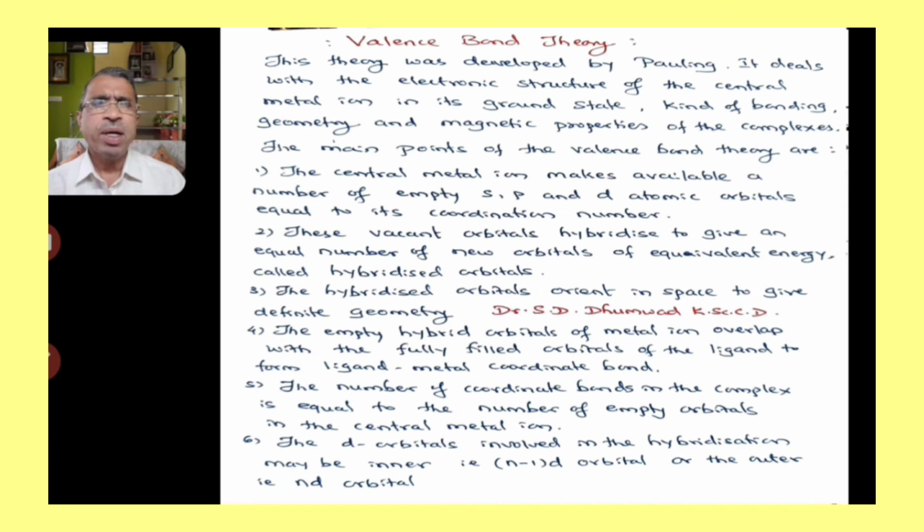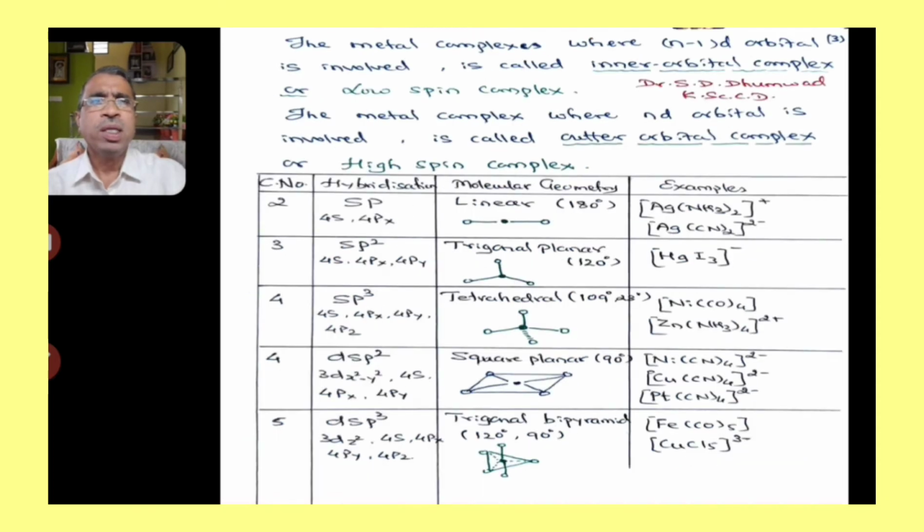The empty hybrid orbitals of the metal ion overlap with fully filled orbitals of the ligand to form a ligand-metal coordinate bond. The number of coordinate bonds in the complex is equal to the number of empty orbitals in the central metal ion. The d orbitals involved in the hybridization may be inner, that is n-1 d orbitals, generally 3d orbitals, or the outer nd orbital, that is the outer 4d orbital.